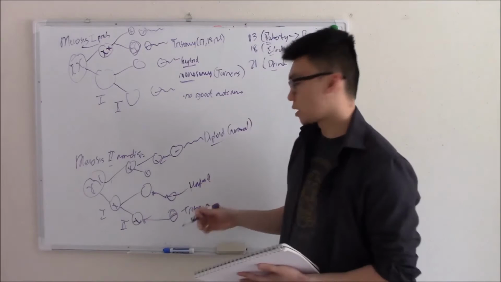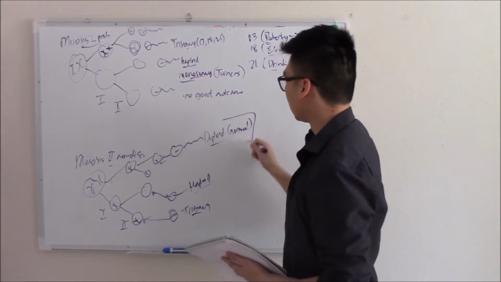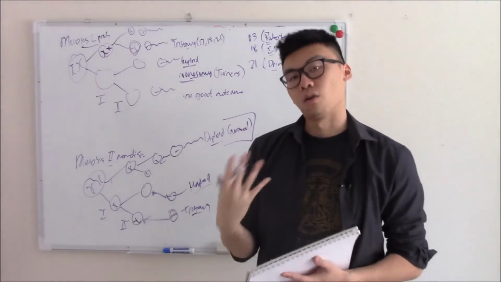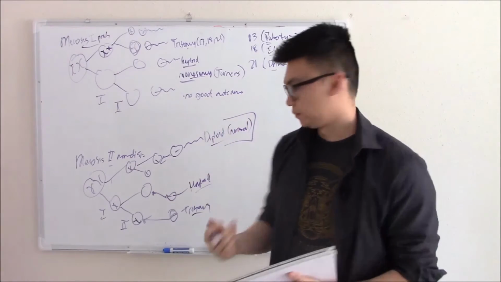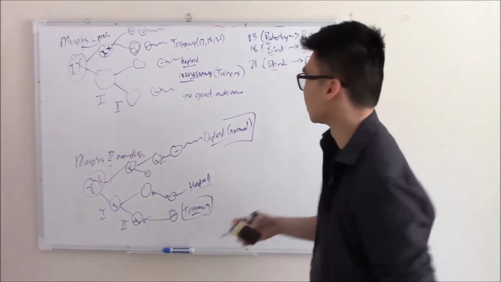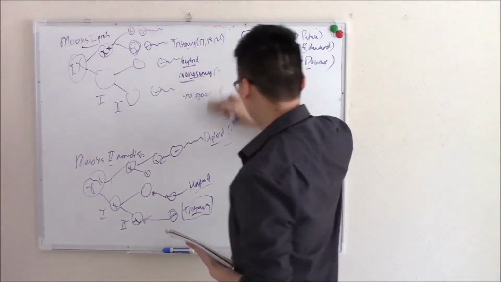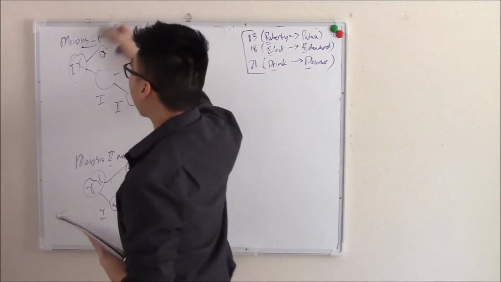So in meiosis 2, you can have your monosomies, you can have your trisomies, but you can also have a possibility of it being a normal outcome. So that's meiosis 1 non-disjunction, that's meiosis 2 non-disjunction. And we're going to continue our videos talking about trisomies, mainly these ones. We'll start with the most famous and the most common, trisomy 21, also known as Down syndrome.